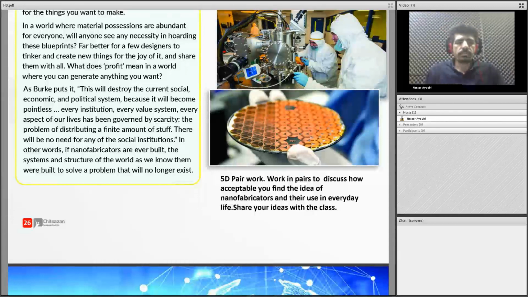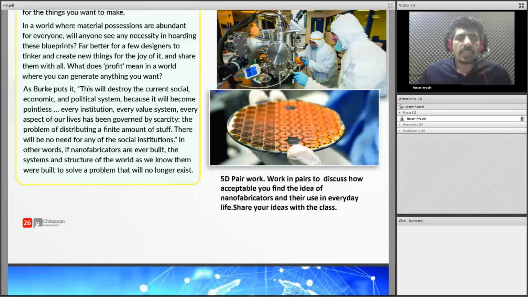Well, according to Burke, this invention, the emergence of nanofabricators, will destroy any present social, economic, and political system, because these systems will be worthless. They won't have any purpose anymore.